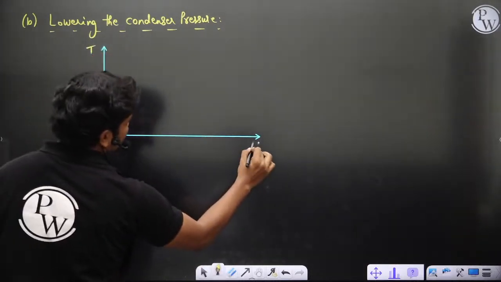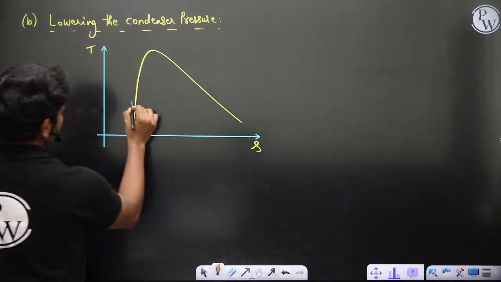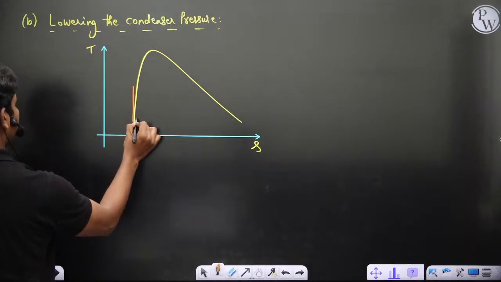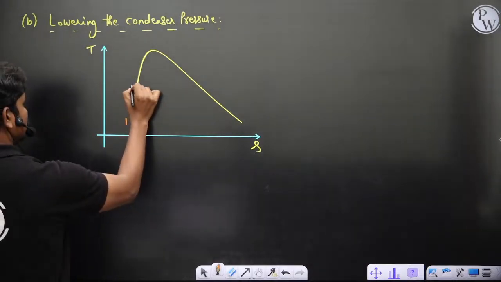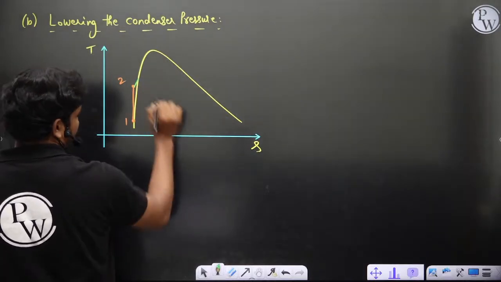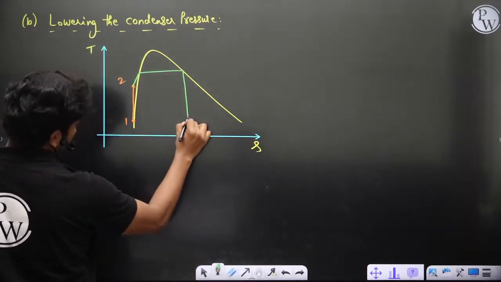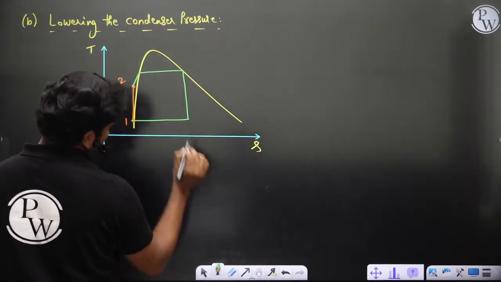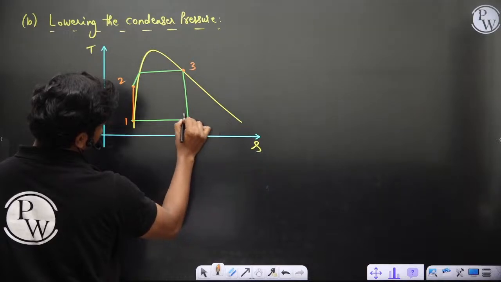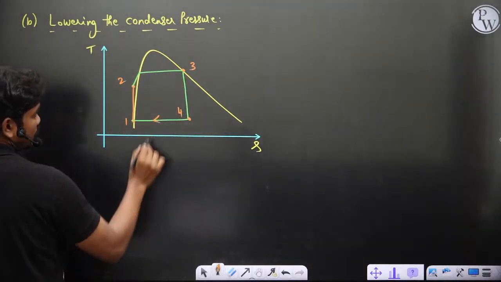On the T-S diagram, you have got your dome. I'm just drawing the diagram because you know these things already. So 1, 2, then 3 and 4. So 1, 2, 2 dash, 3, then 4, 1.